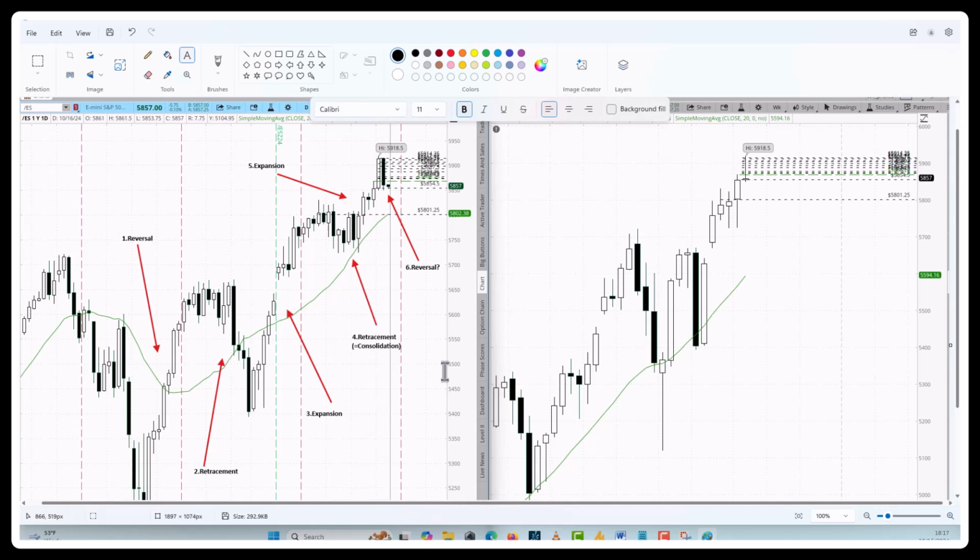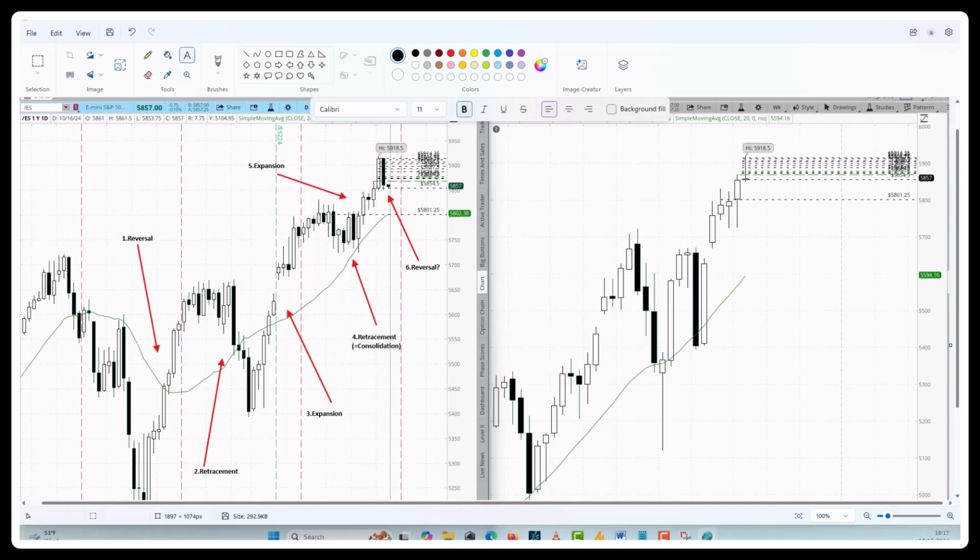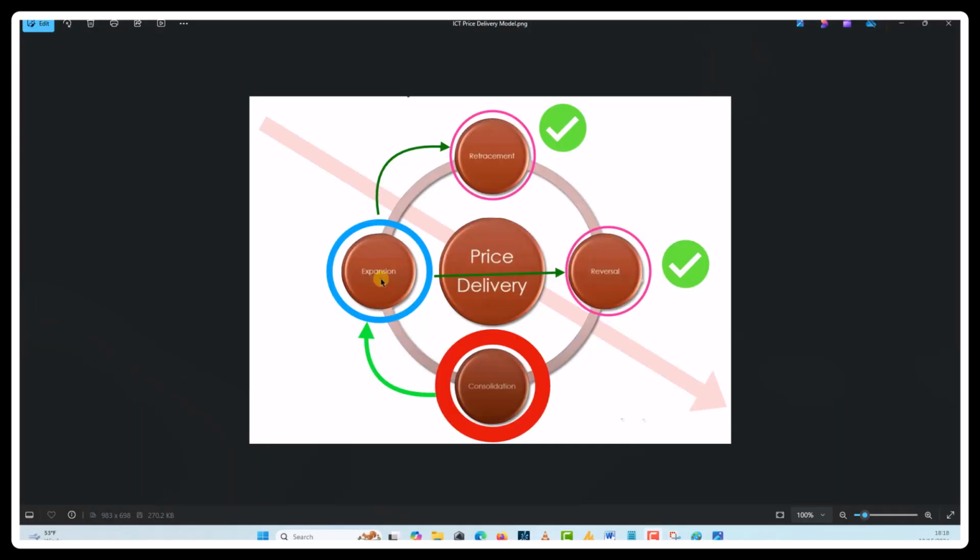So that is our ICT price delivery model analysis right there. Let's look at the model that we use. Yeah, we always try to refer back to this model right there.